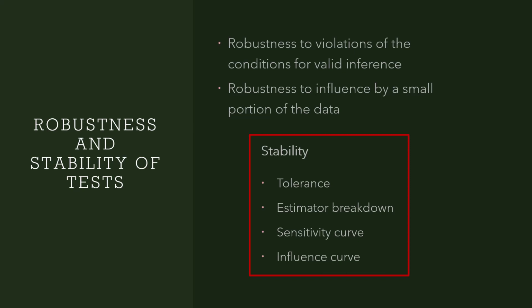For example, tolerance is a way to estimate how much of your data could be changed, either through mismeasurement, some type of data corruption, outliers, before it will have an impact on whether you reject or retain the null hypothesis. In fact, we talk about tolerance of retention and tolerance of rejection because these are two different aspects of our hypothesis test that could be influenced by changing some of the data.